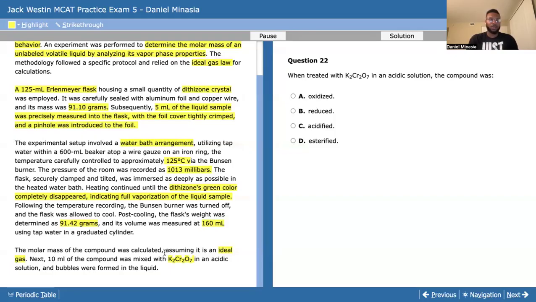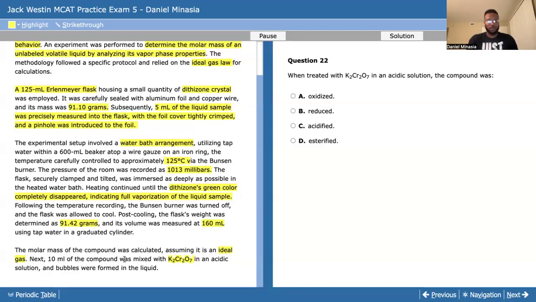There are a lot of questions like that, things you get from gaining experience points, practicing, doing questions, seeing problems. It comes up pretty frequently as an oxidizing agent. So, potassium dichromate, in an acidic solution, and bubbles are formed in the liquid. Okay, cool. So our passage pretty much ended right here.